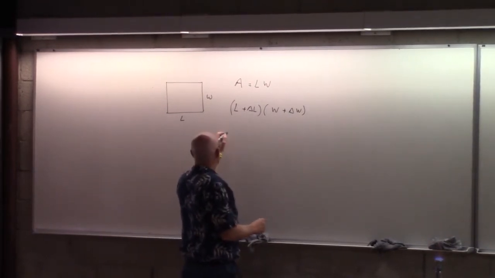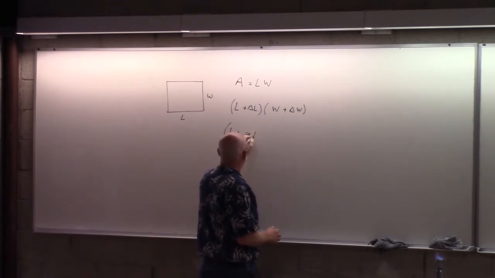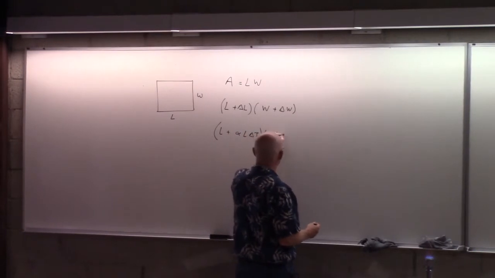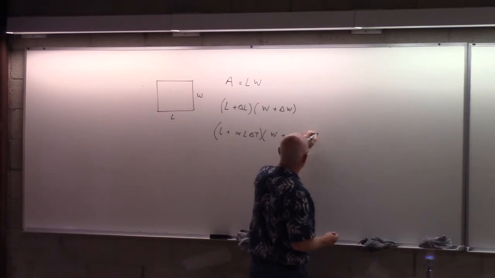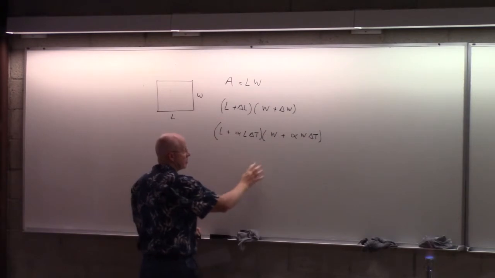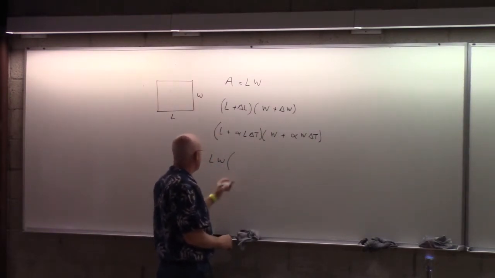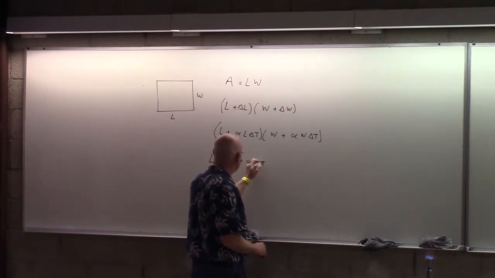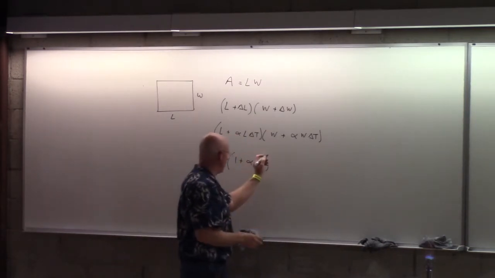And if we use this idea, you would have L plus alpha L delta T, and the width would be the original width plus alpha times the width times delta T. If you'll notice, there's an L in each term, there's a W in each term, so I can factor those out. And then I would have 1 plus alpha delta T. And I would actually have that for both terms, and so it would be squared.